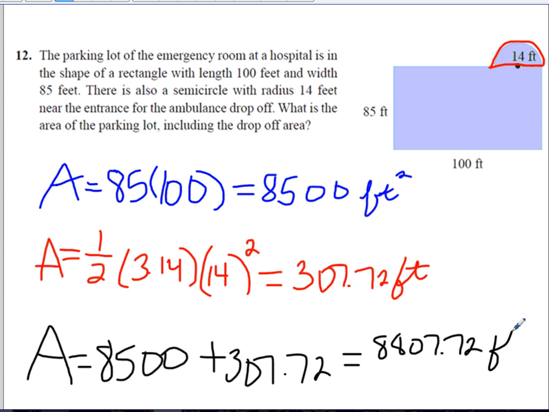Again, feet squared. Oops, forgot my square unit on my semicircle. So the area of this entire parking lot is 8,807.72 square feet.